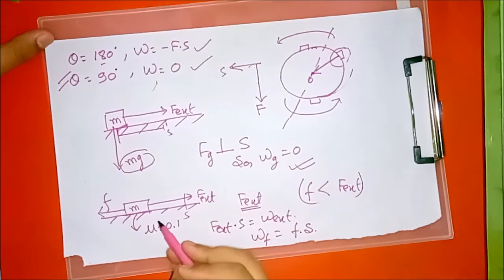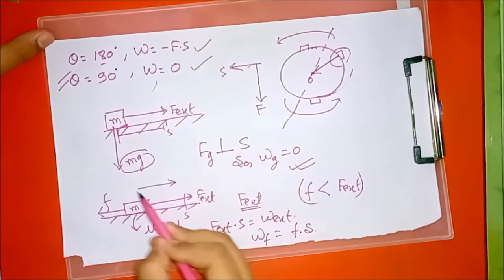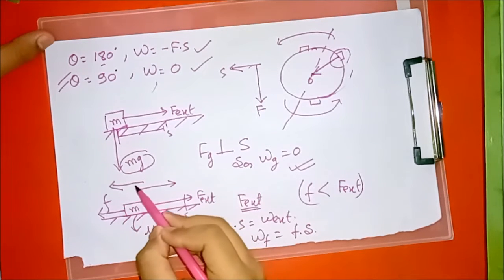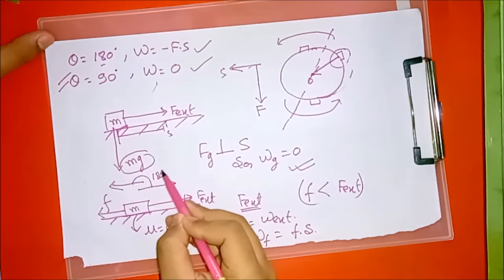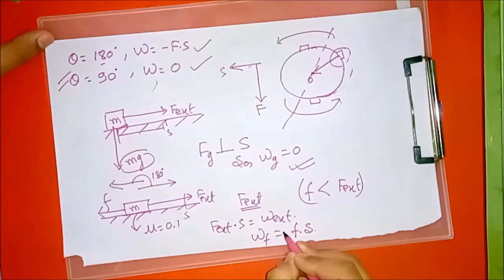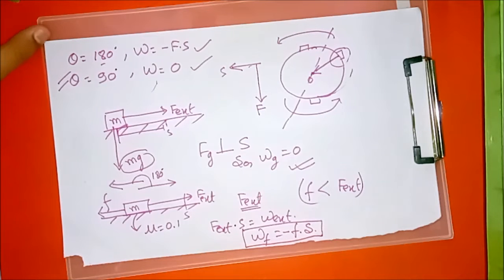And the displacement is in this direction and the frictional force is in this direction, so the angle between them is 180 degrees. So what we get is equal to minus F dot S. I hope these two statements are clear.